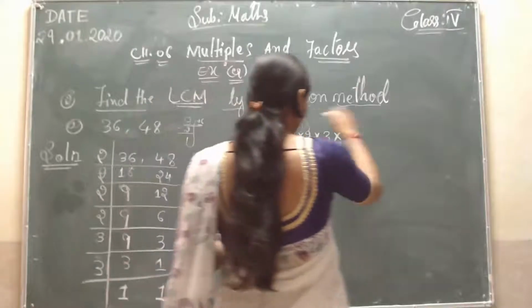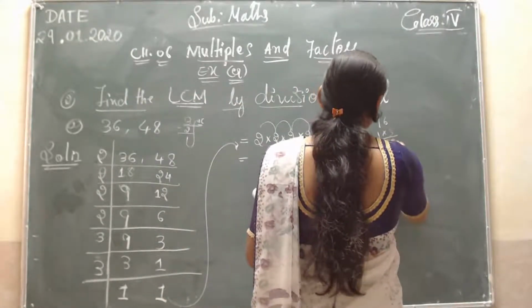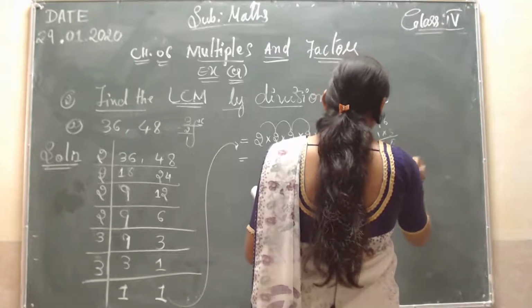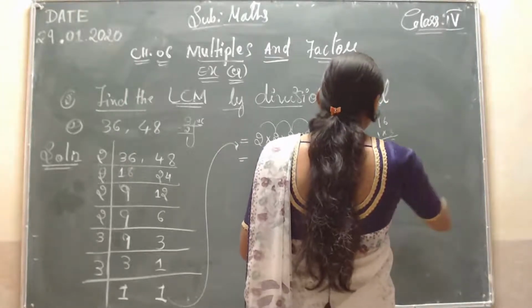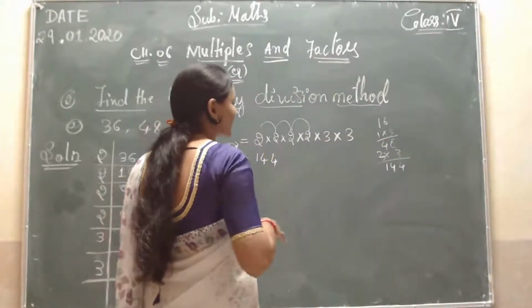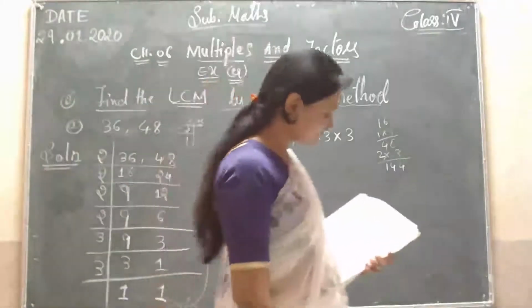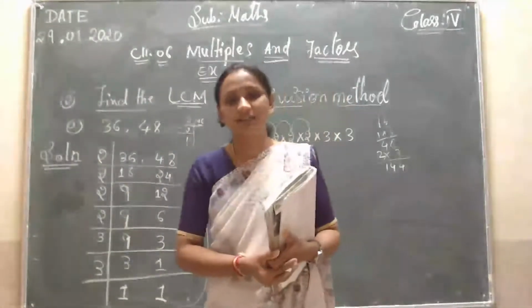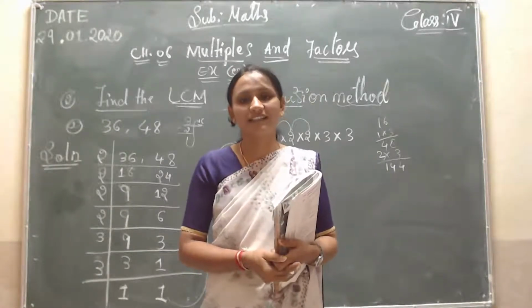Students, 16 times 3 is 48, and 48 times 3 is 144. So this is the LCM. You know that the product of all the prime factors gives us the number, and you consider that the LCM.